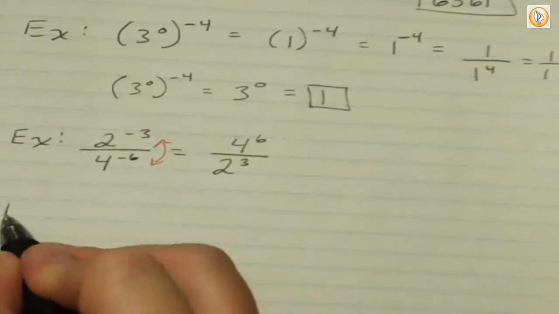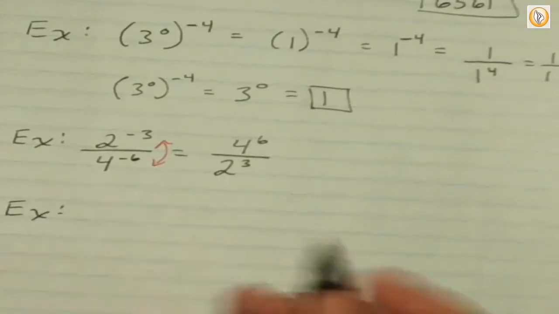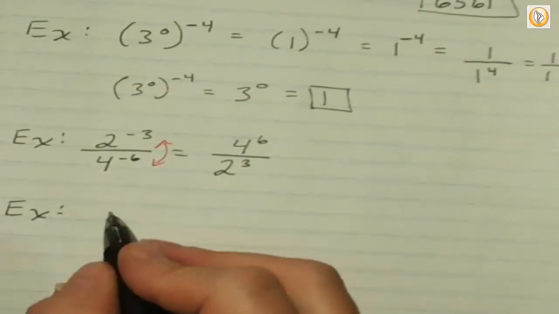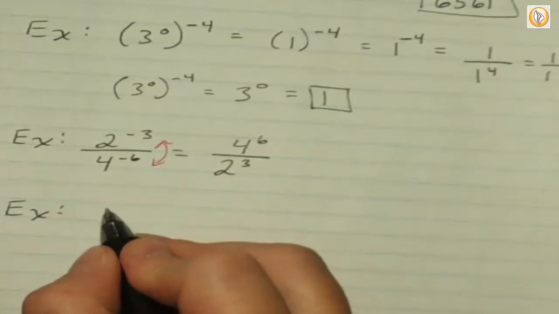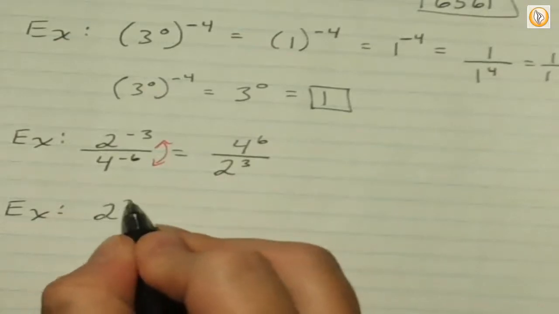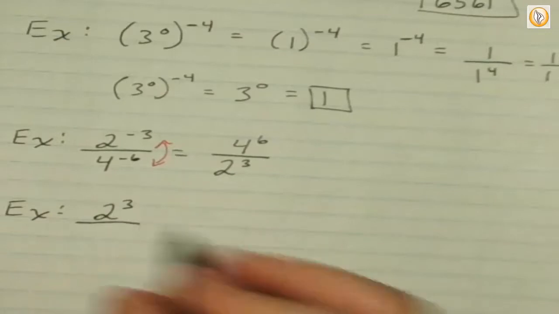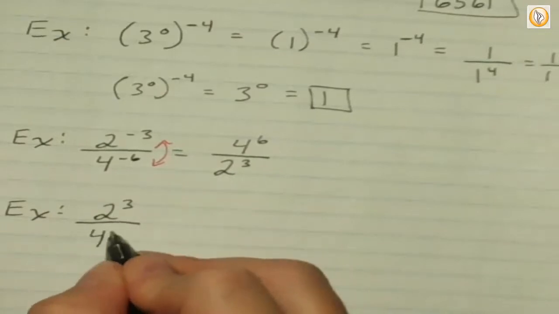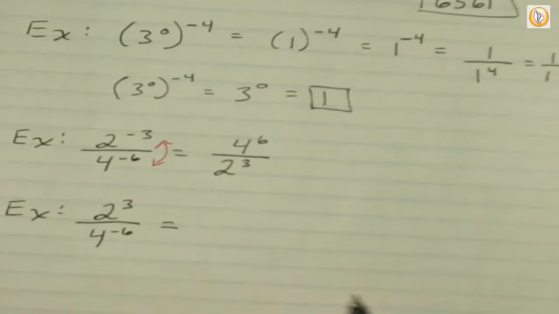Let's do another one. What if I have 2 cubed positive 3 divided by 4 to the negative 6?